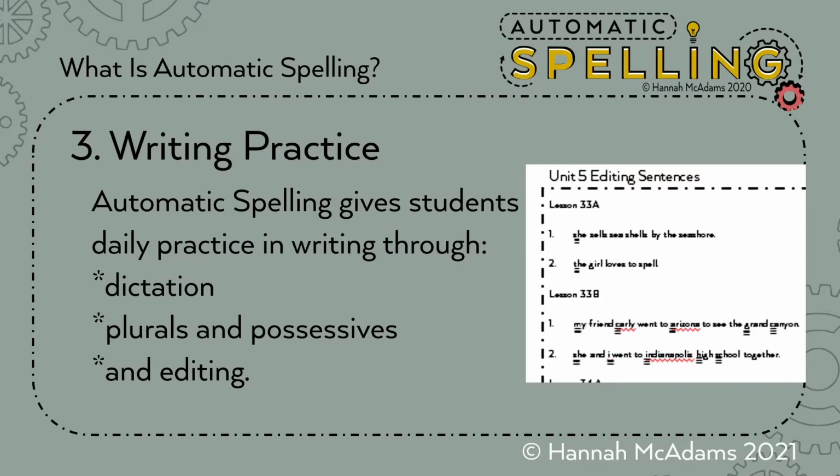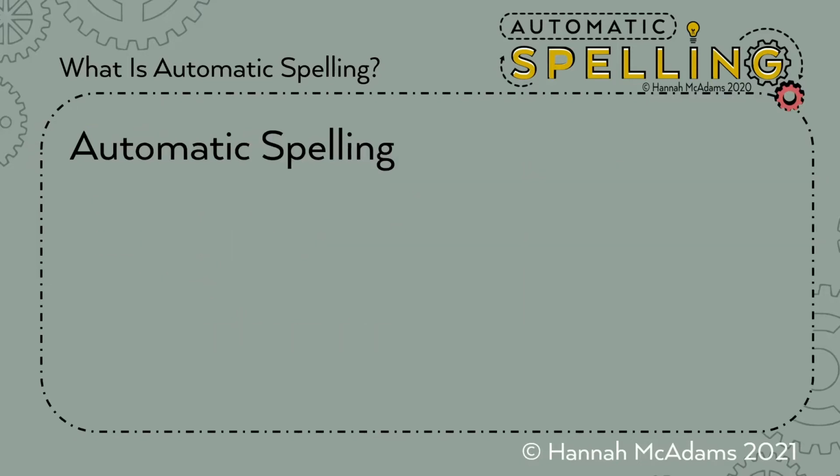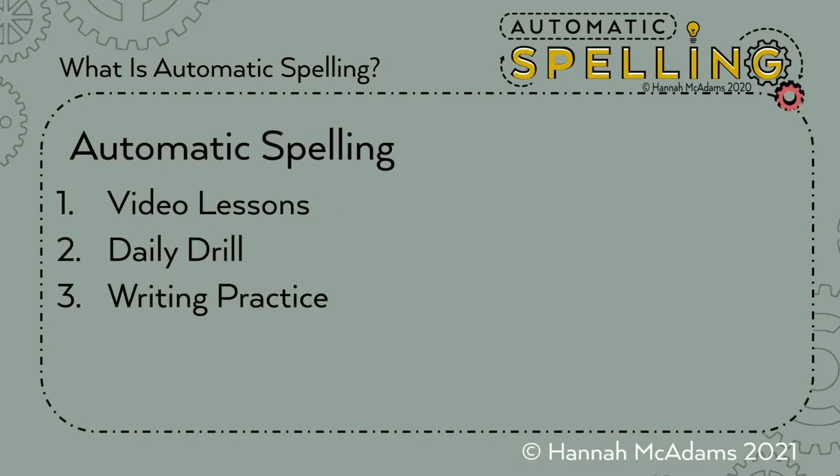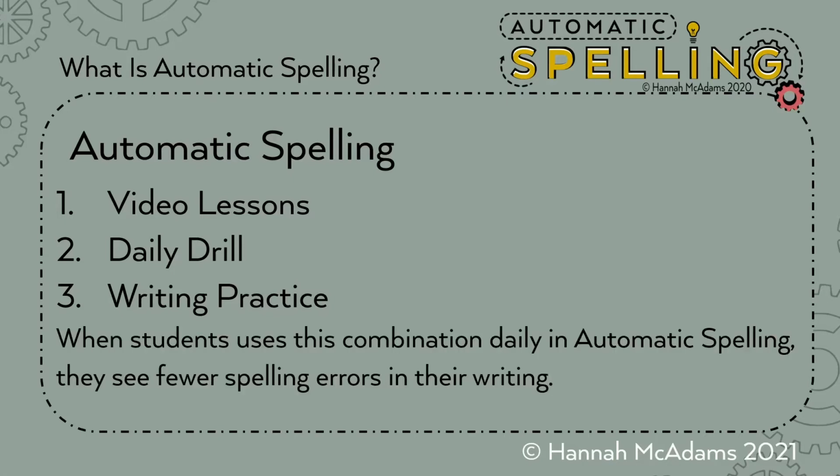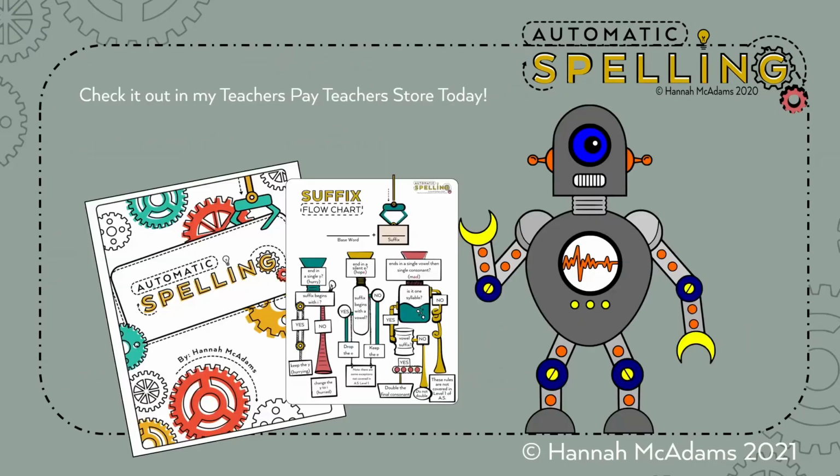So all of those working together really make this spelling program very different than anything I've ever seen. Automatic Spelling, again, uses video lessons, daily drill, and writing practice. And when students use this combination daily, they see fewer spelling errors in their writing. So hopefully that makes sense.